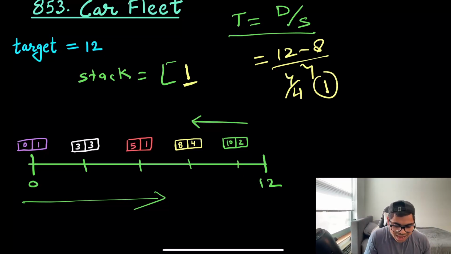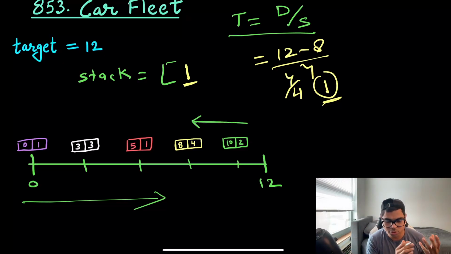So that means I should not append this car's time to my stack, because at the end I'll be returning the length of the stack, and that will be the final number of fleets that will be finishing at position 12. So I will not be appending it, because at the end they are both reaching at the same time, finishing at the destination at the same time.